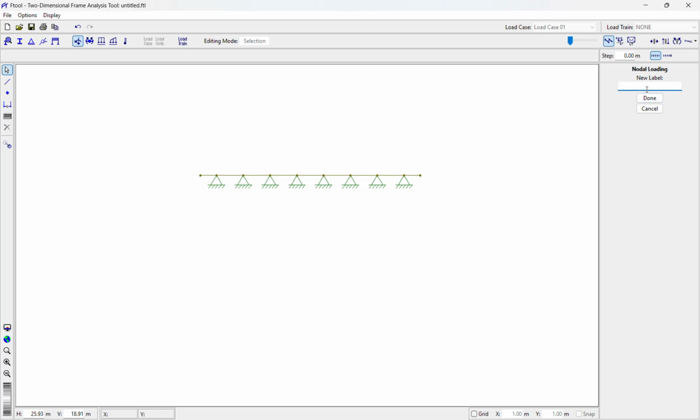You create a new loading, parapet. Done. Going to be negative 0.68 kilonewtons. So you click that point, apply it. Click that point, apply it.